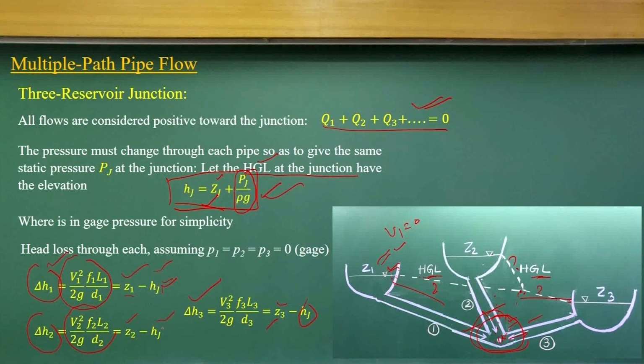So you have 3 equations here, and these equations help us find the flow directions and the head losses of a 3 reservoir junction problem. This is quite an interesting problem, but try to understand that we are computing the hydraulic gradient line and the hydraulic gradient location at the junction, and based on that we are just equating the energy losses to compute that part. That is the basic component.